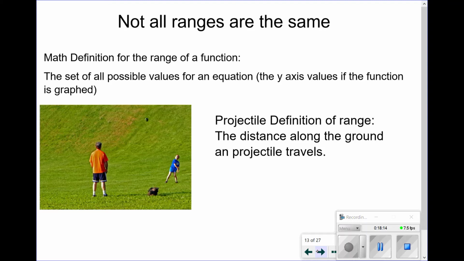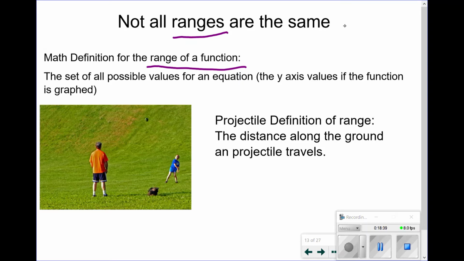One of the terms you're going to hear a lot with projectile motion is something called range. Most people get confused with this in the very beginning because one of the places you often heard the term range is your math class. But not all ranges are the same. In math, you often define the range of a function as all the possible values of that equation.